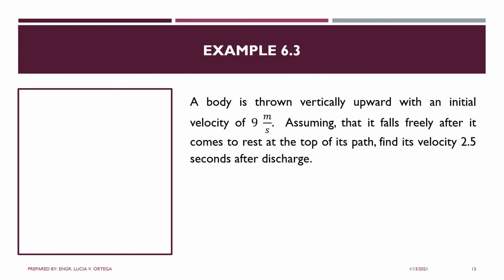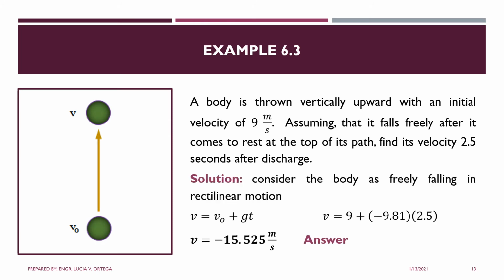With the same problem, there is another solution. Let's consider the body as a freely falling body in rectilinear motion. So what is the equation? Final velocity is initial velocity plus acceleration times time. What is the acceleration? That is the acceleration due to gravity.